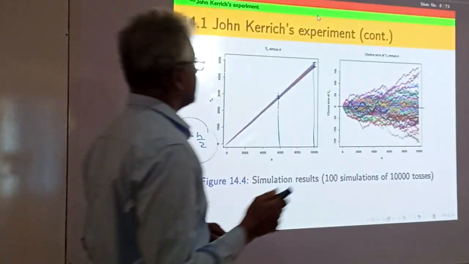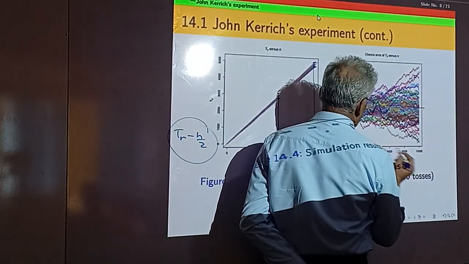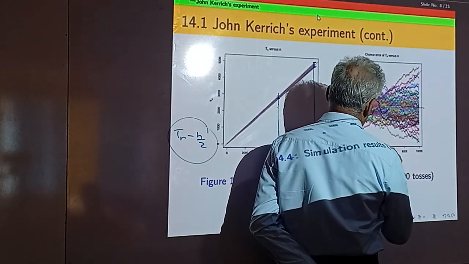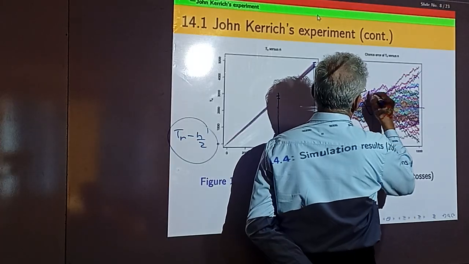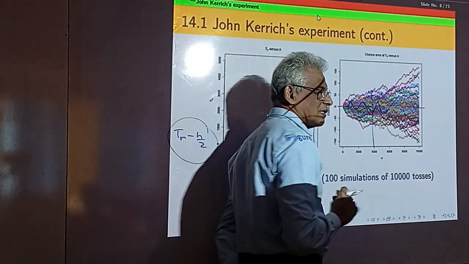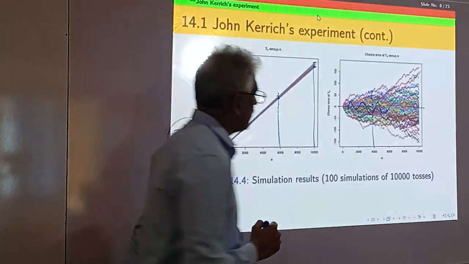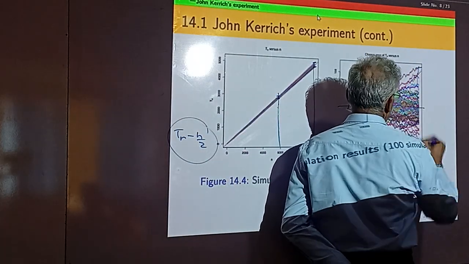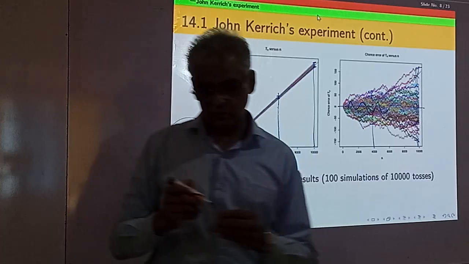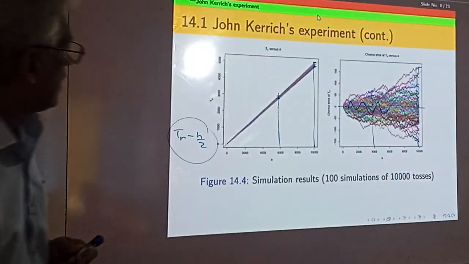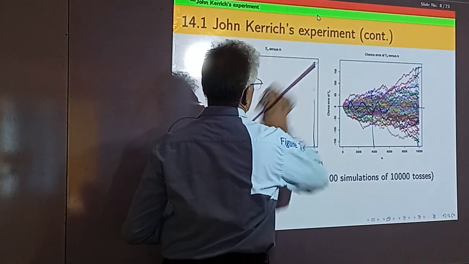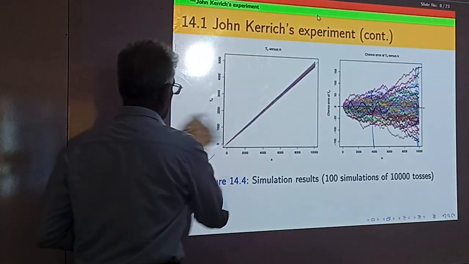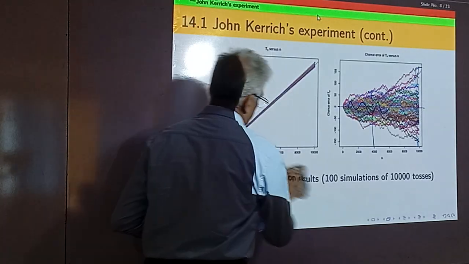When n is equal to, say, 4,000, the chance error is going to be between this and this roughly. But when n is equal to 10,000, the chance error can be anywhere here. So the range of possible chance error is becoming large as n goes to infinity.